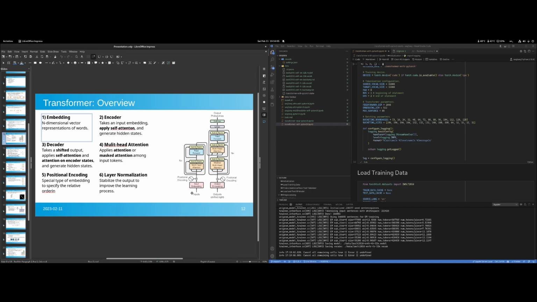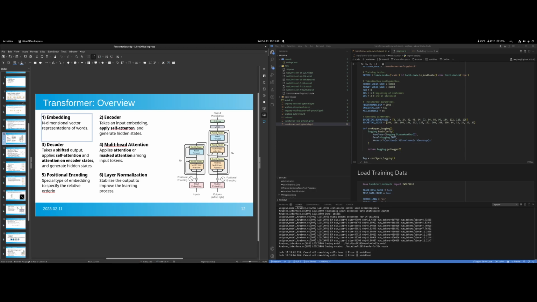This whole thing is the encoder, and then the decoder part as well, and then the attention and all these things. But to recap, essentially what a transformer does is that it tries to encode your input into some hidden representation and then decode it to another representation. That's the gist of what a transformer is.